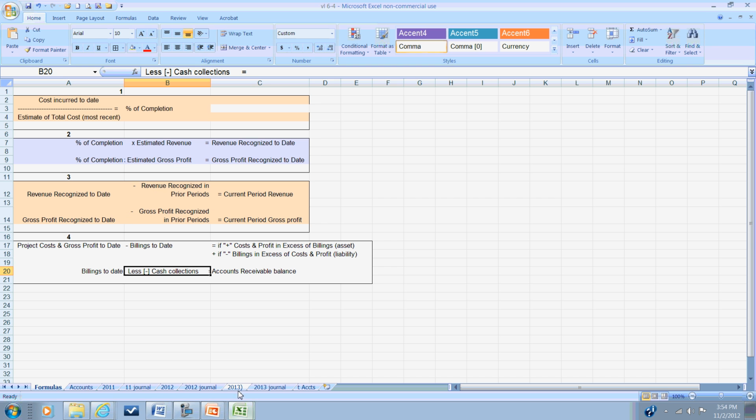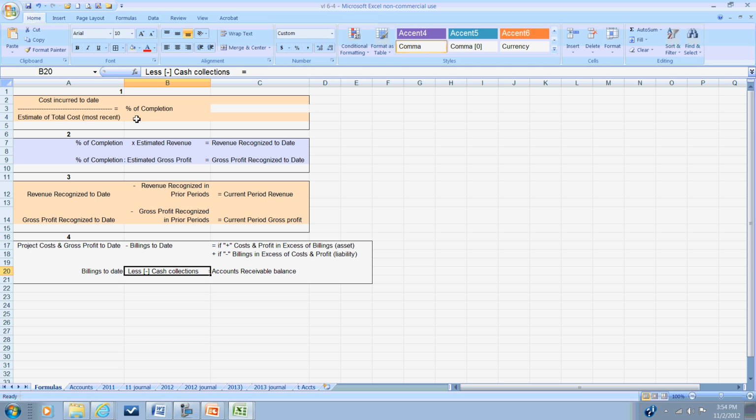Let's take a look at some of the things that we're going to need to do to use the percentage of completion, which of course is the method most contractors will be using. Here I have four groups of formulas that are required to account for a project under the percentage of completion. The first one we begin with is to determine the actual percentage of completion.